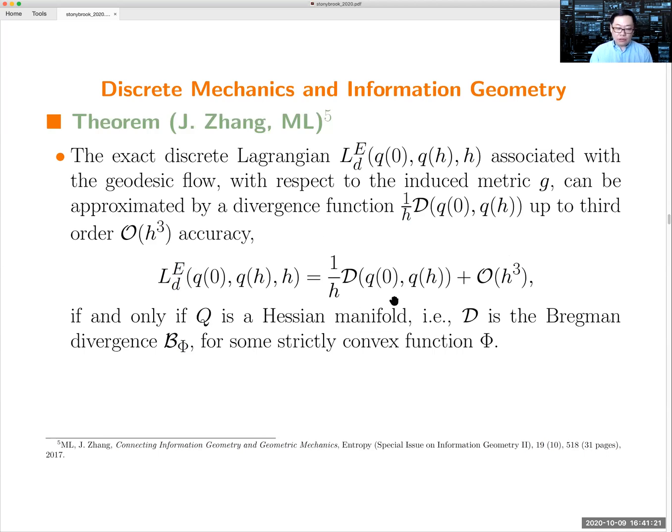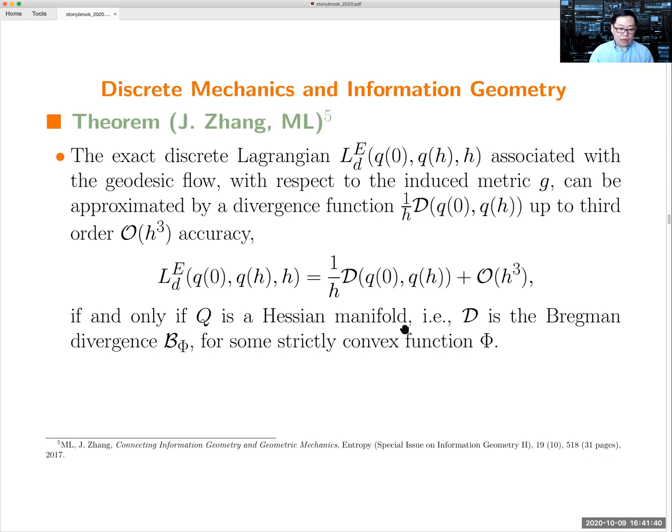If you took the divergence function, treated it as a discrete Lagrangian, and used the variational integrator to construct a time marching method, then you would have a quadratic approximation of the geodesic flow associated with that metric. And this is true.